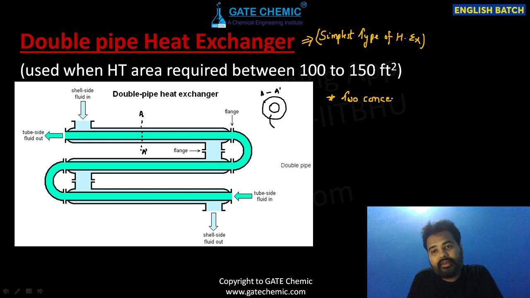We are going to use two concentric pipes here. And the space between the two pipes is known as annular space. One fluid is flowing in this annular space, and the second fluid is flowing in the inside tube. How they are flowing?